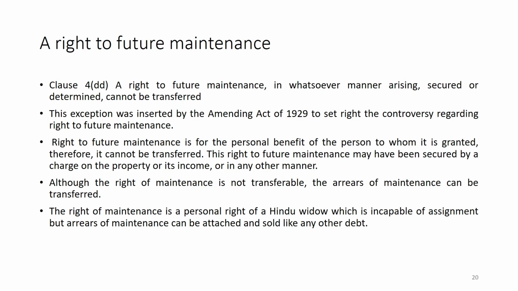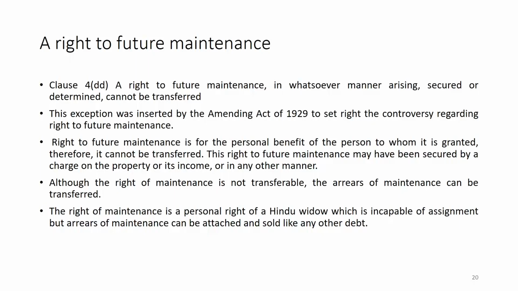Then this is about the right to future maintenance. This was added in 1929. Future maintenance means that which a person is going to claim in future for their own maintenance. The right to future maintenance is for the personal benefit of the person to whom it is granted.